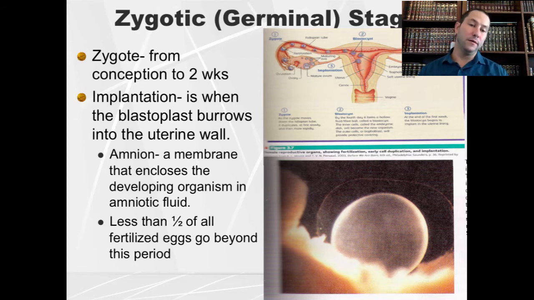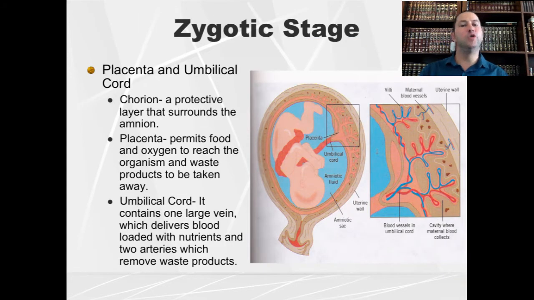Now, here's the deal. Less than half of fertilized eggs actually implant on the uterine wall. So most people don't even know they were pregnant because it's flushed out in the form of a period, and they don't even know. But let's assume that it starts to take hold, right?